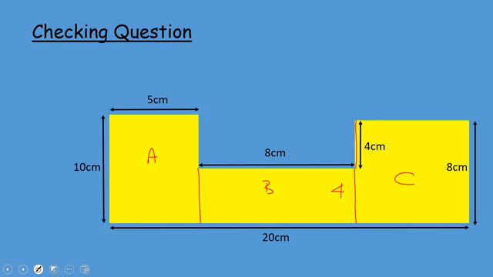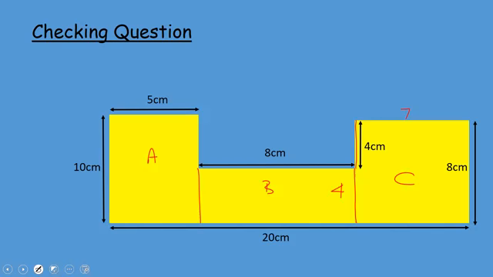And then we have a look at the width of C, which we also need to know. See, the overall width is 20. The width of A and B are 5 and 8, which is 13. So 13 plus 7 is 20, so we must have a 7 there.